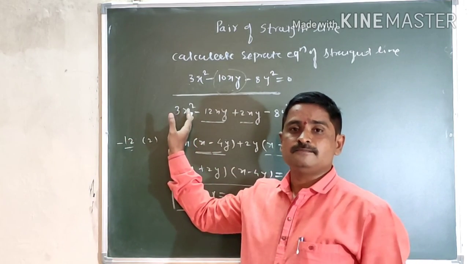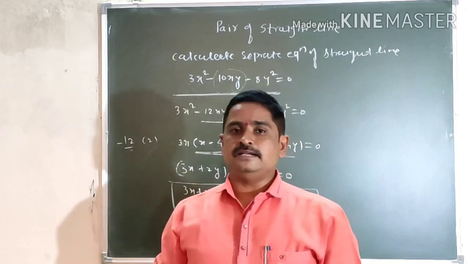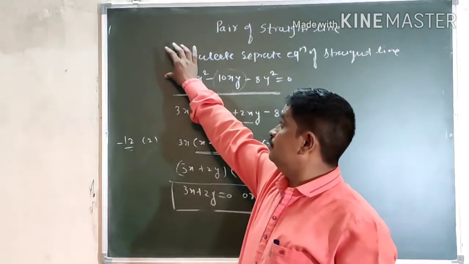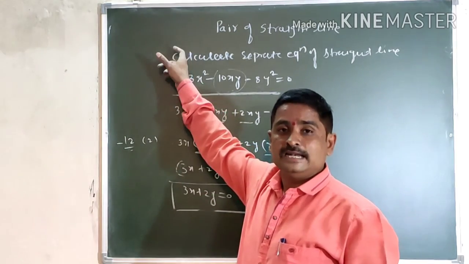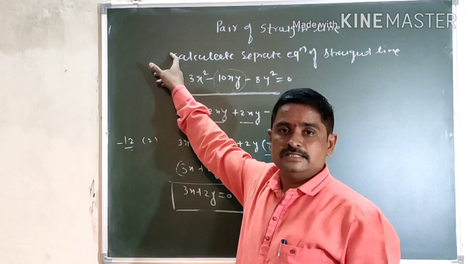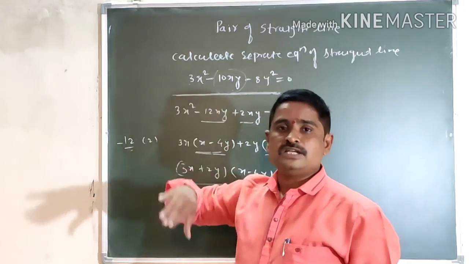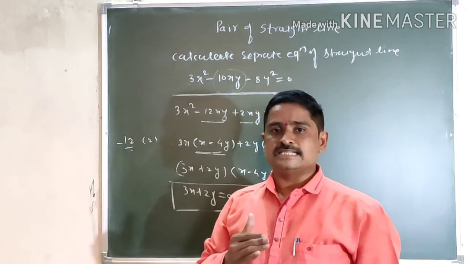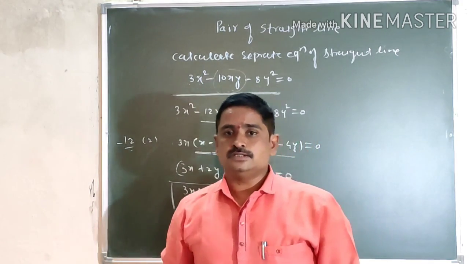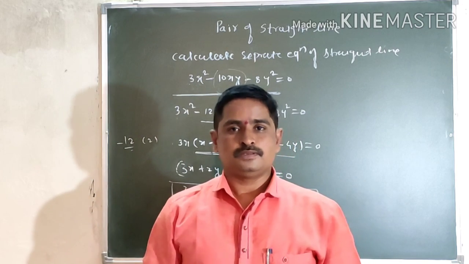So remember this. In the next period we will calculate the next equation, that is the combined equation of a pair of straight lines which does not pass through the origin. So it is enough. Thank you. I will continue.